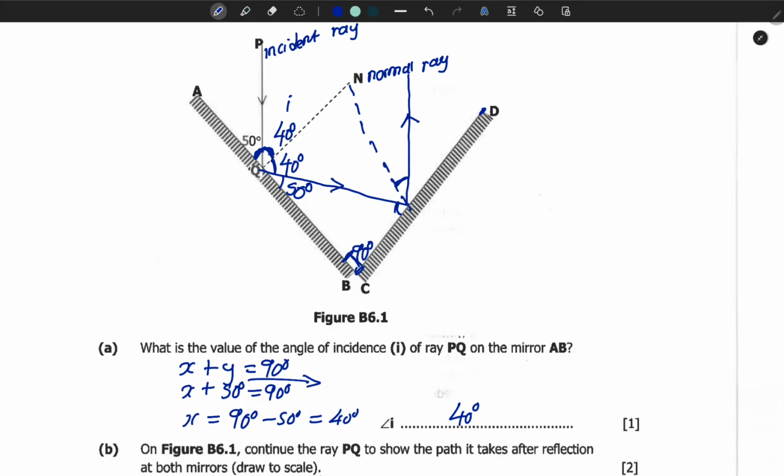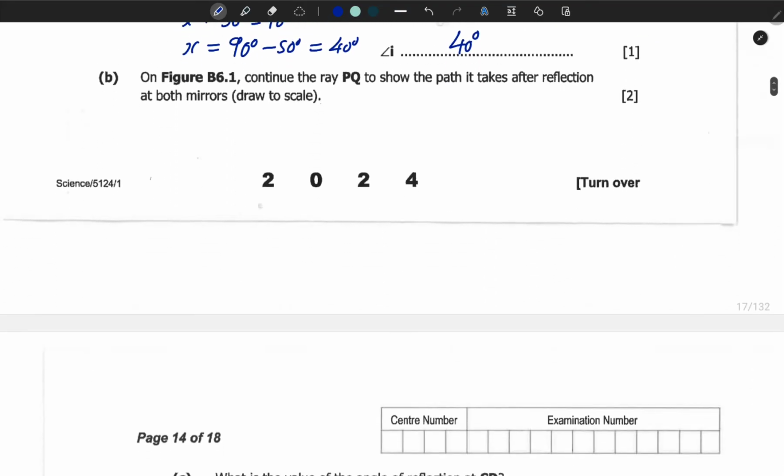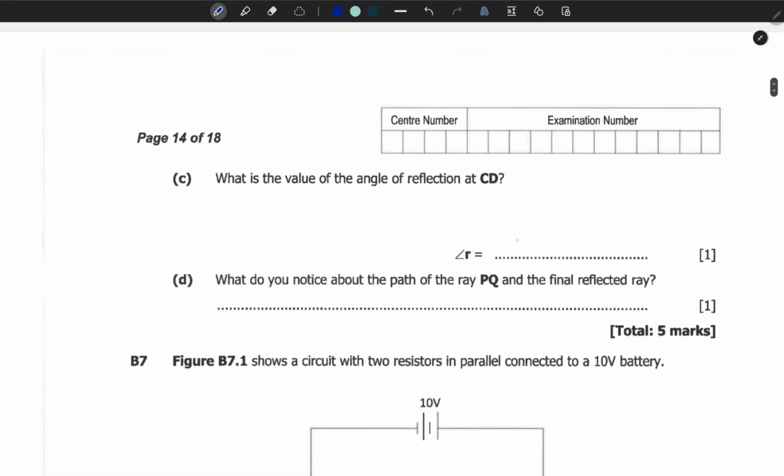Then if we subtract, 180 minus 140 will give us a 40, which simply means that there is a 40 here. If there is a 40 here, there is a 50 here, there is a 50 here, there is a 40 here. So the angle of reflection at CD is 50 degrees.